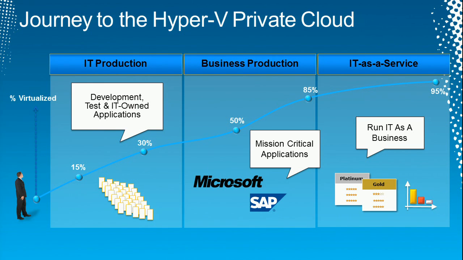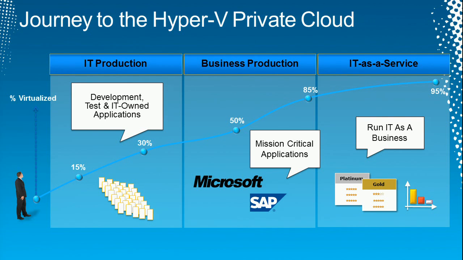Phase one is IT production. This is where you're testing out virtualization, looking at it, playing with it, and tending to find low-hanging fruit: servers in the environment that can be virtualized and won't really have an impact on anything. Maybe it's test/dev or other servers. I actually find a lot of customers will look at potentially virtualizing Exchange at this point.